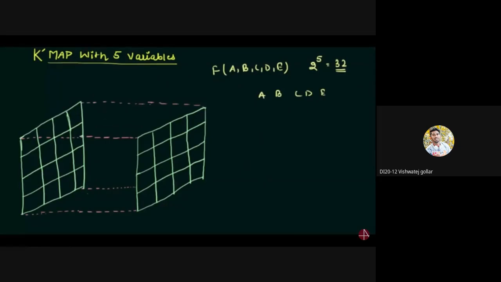So it would look something like 0, 0, 0, and this is a total of 16 terms. A is 0 for these, and B, C, D, E go from 0, 0, 0, 0 up to 1, 1, 1, 1. Similarly, for the next 16, when A is 1, all the other terms B, C, D, E will repeat again.